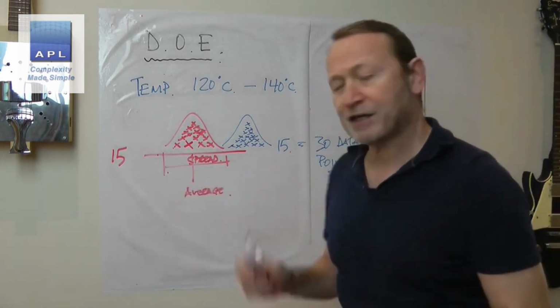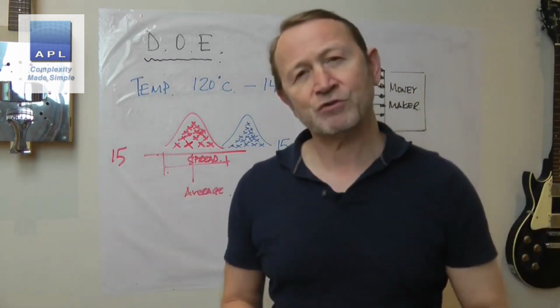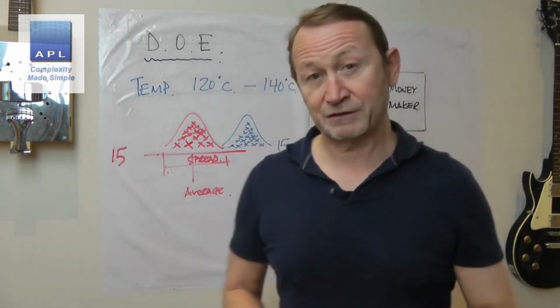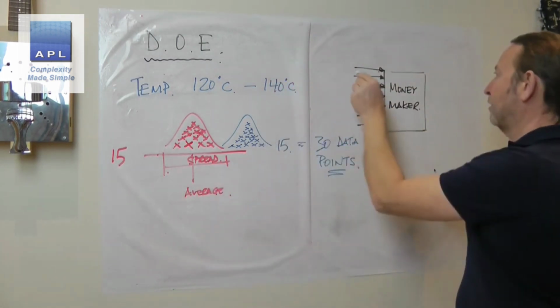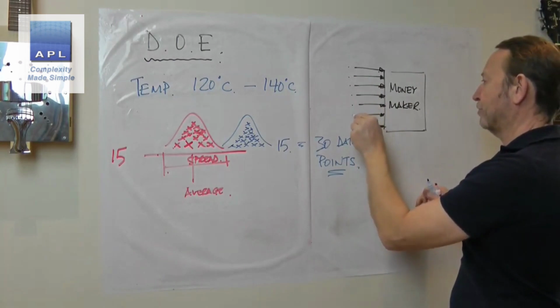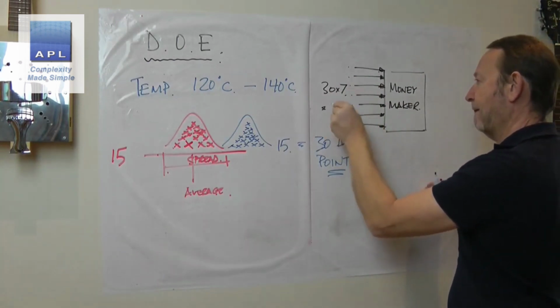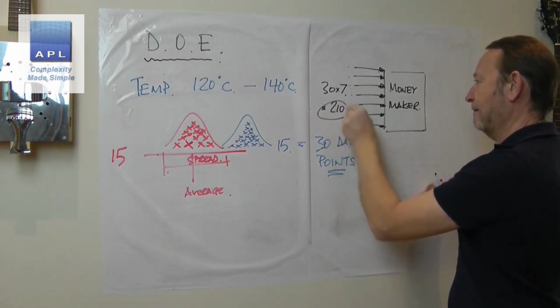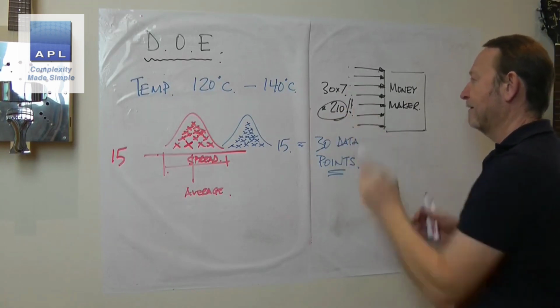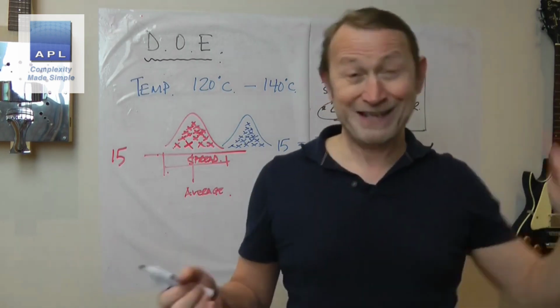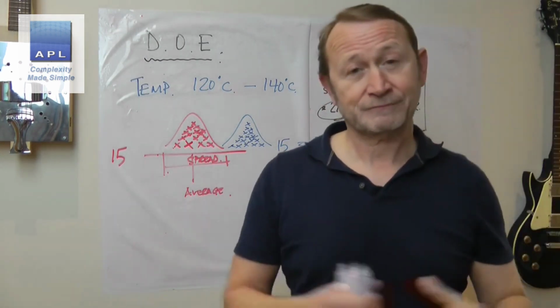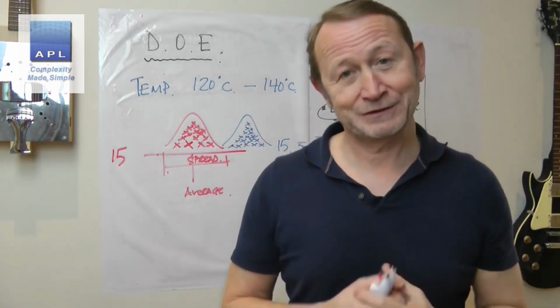Now we took 30 data points to understand what that one variable did. Well, now look, I got 1, 2, 3, 4, 5, 6, 7. Now I need 210 data points to understand what's going on.